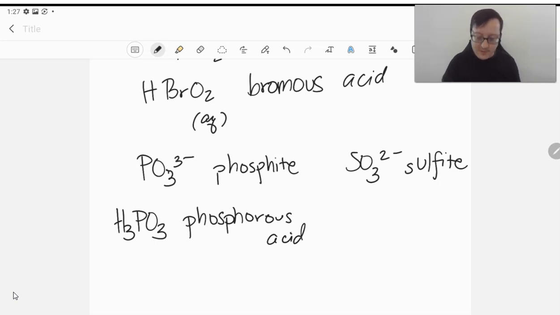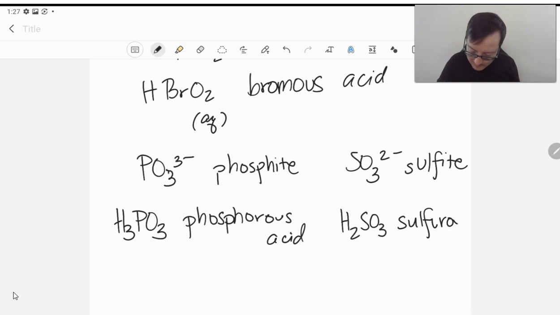And the worst part is phosphorus, the element, does not have that O, just us. But phosphorous acid does have the O in there. So make sure you pay attention to the spelling there. And then we have here sulfurous acid. So those two are the only exceptions. So you'll want to be familiar with those.